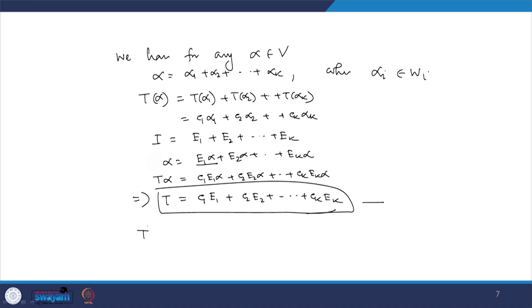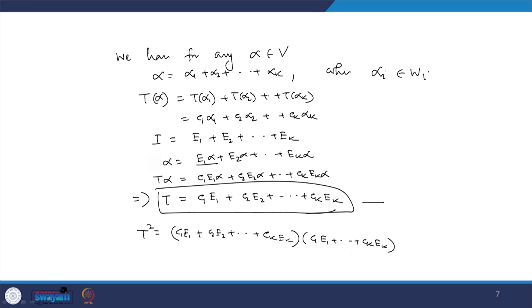So, this implies T square will be equal to how much? It will be C1 E1 plus C2 E2 plus Ck Ek, this into C1 E1 plus Ck Ek.